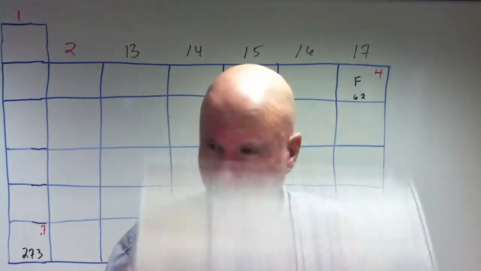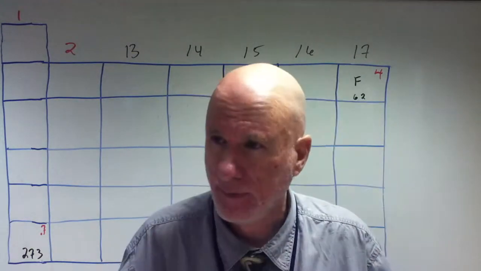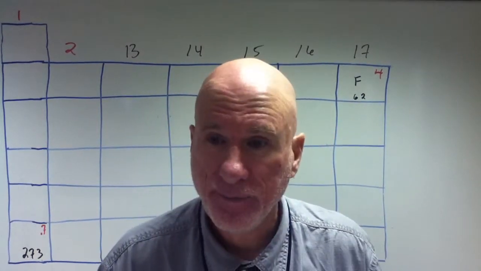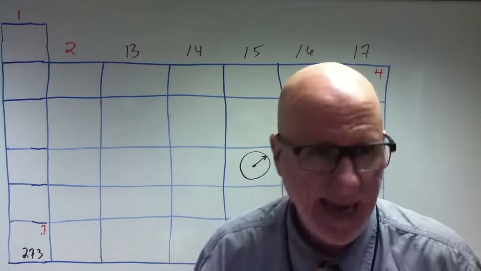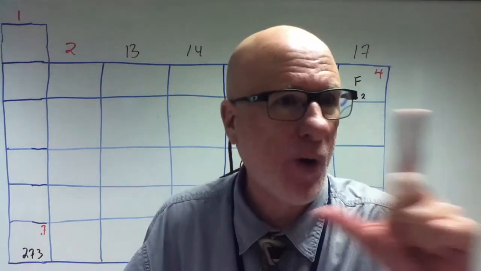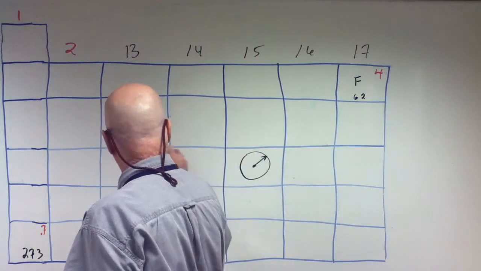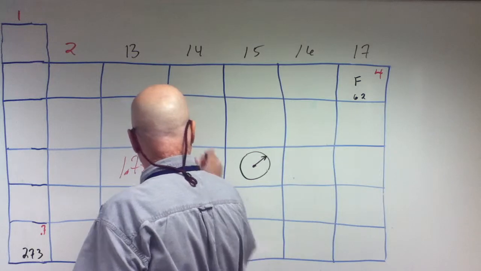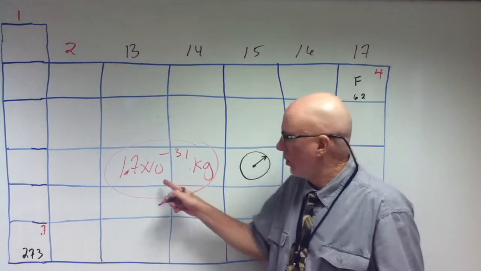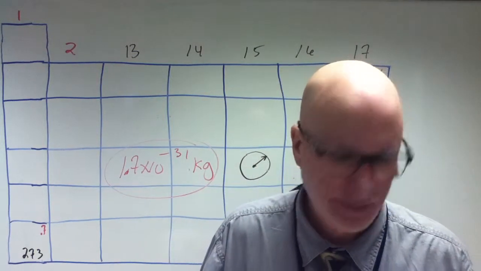All right, when I do this, watch. What am I hitting my head with? I'm hitting my head with electrons, and just FYI, that's the mass of an electron. 1.7 times 10 to the negative 31 kilograms.